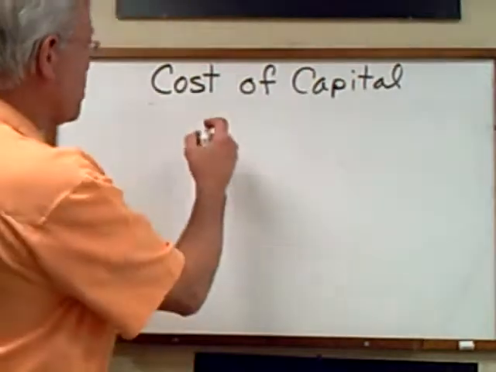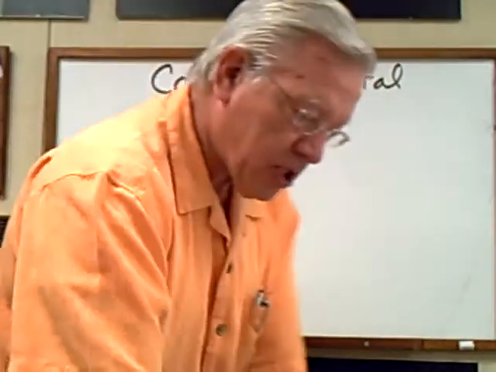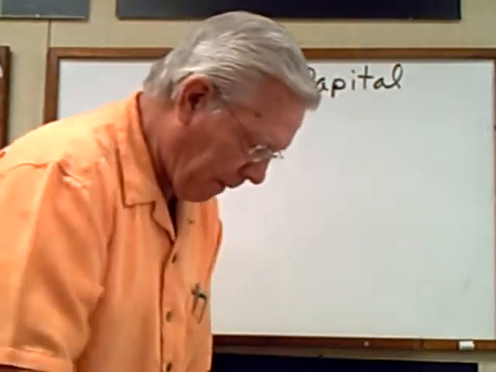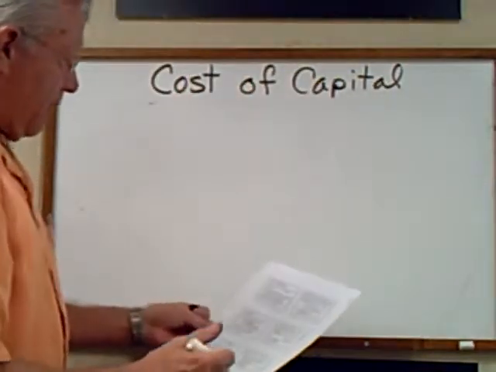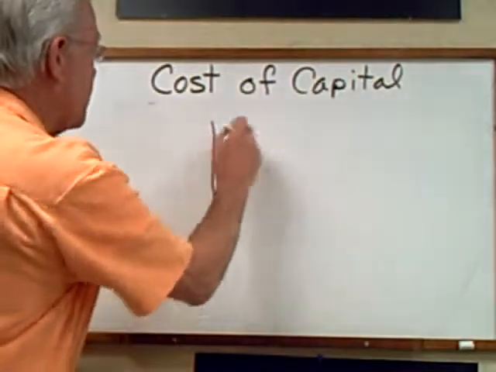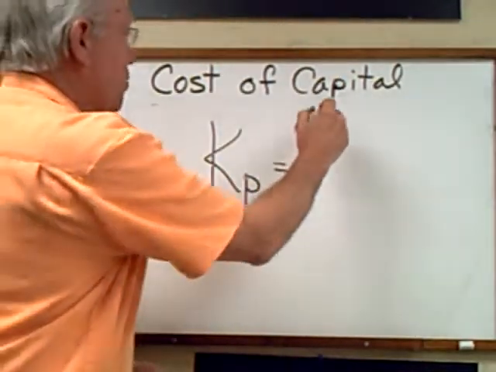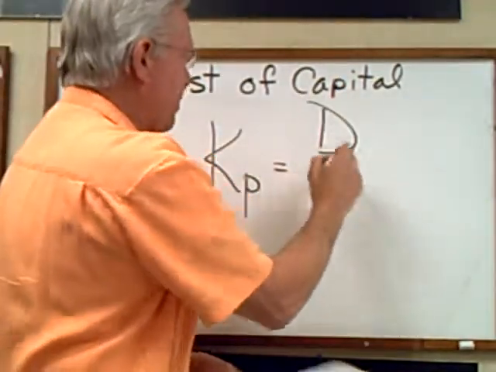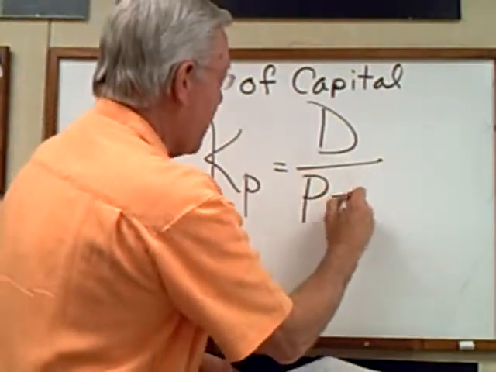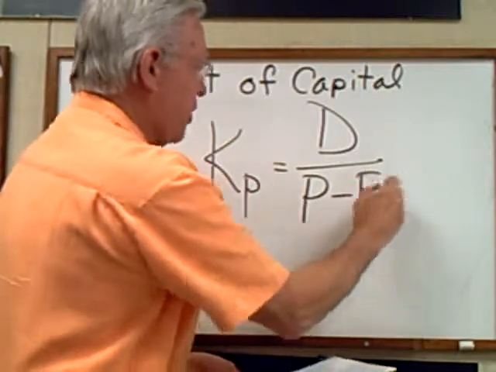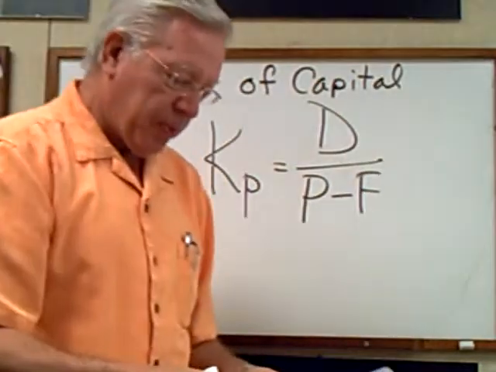Okay, preferred stock. The cost of preferred stock, K sub P, is equal to the dividend payment divided by the price of the stock minus the flotation. That's what's given in your book.